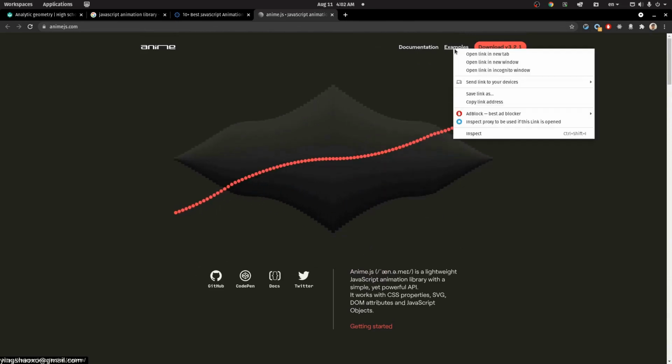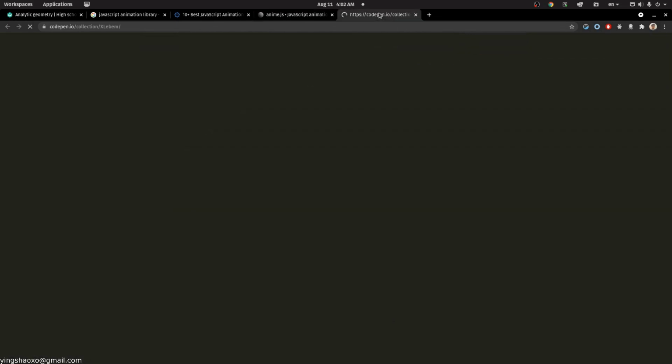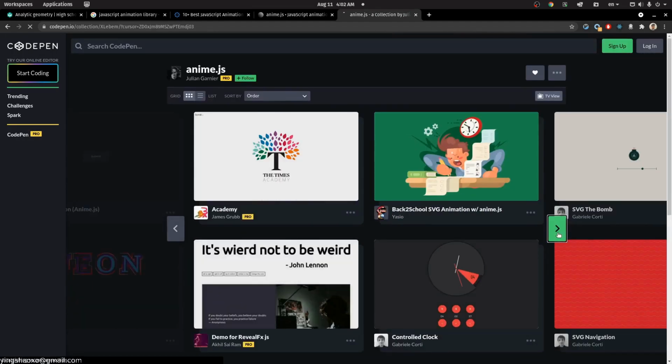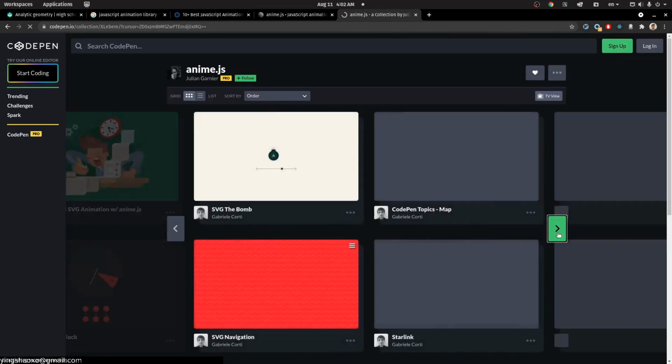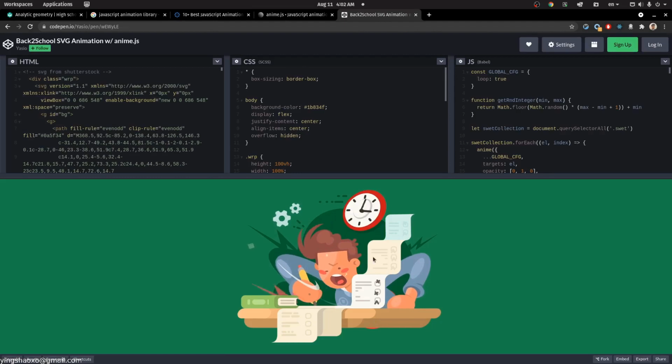Before we get started, let's get into some examples to see how it may look. Well, it seems like there are no limitations for it. For example, when you look at this graph, you would think, oh, if it can make such a graph, then it can make anything 2D.